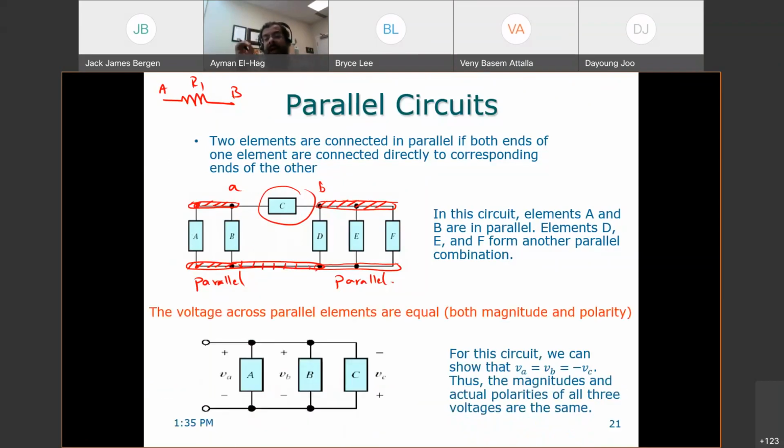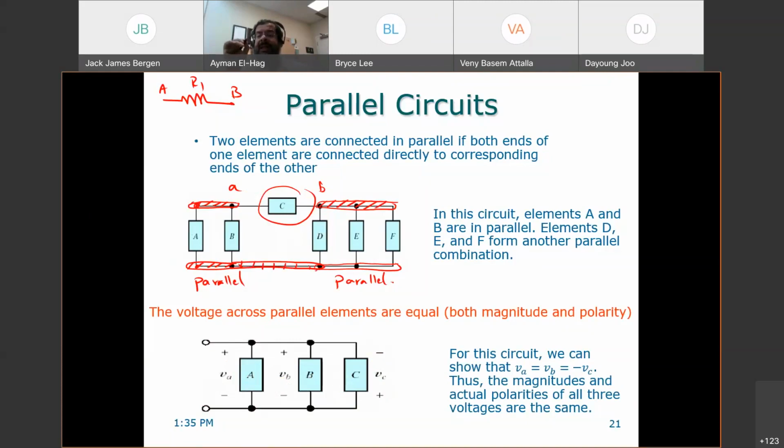Now, if they are in parallel, then they have the same voltages. So if you look here, if VA, VB, and VC have this polarity, then VA is equal to VB, but it's equal to minus VC, because the polarity of VC was reversed. So this is why we can say that VA equals VB and equals minus VC.